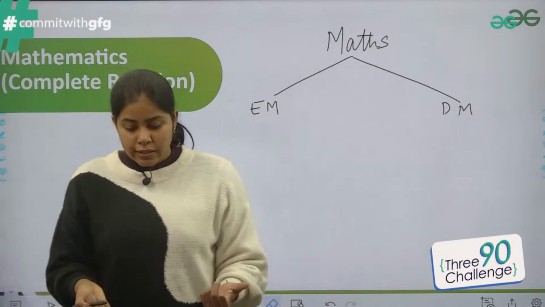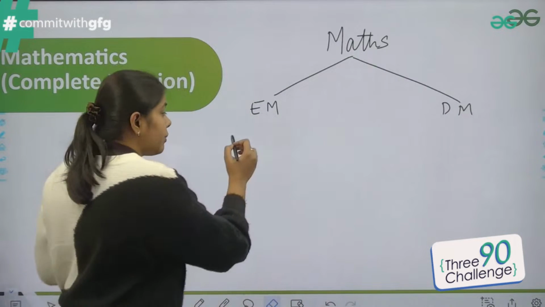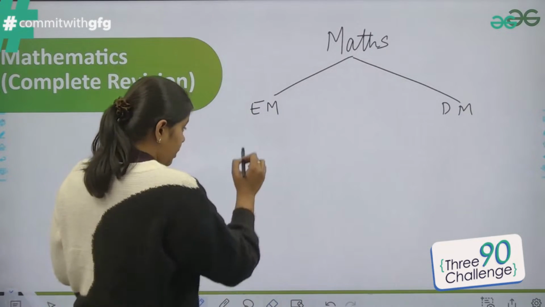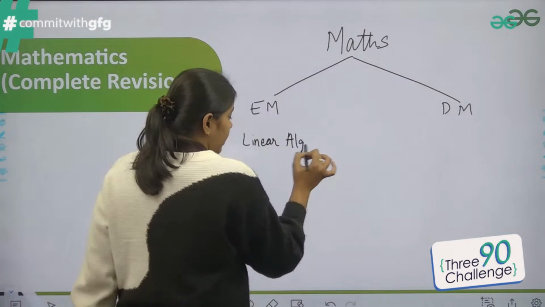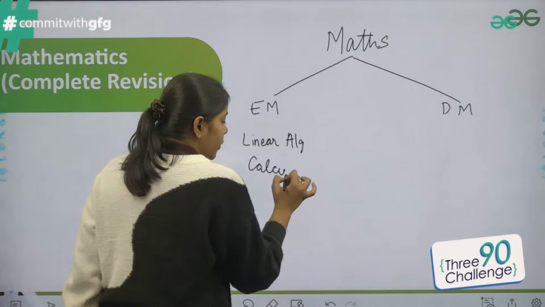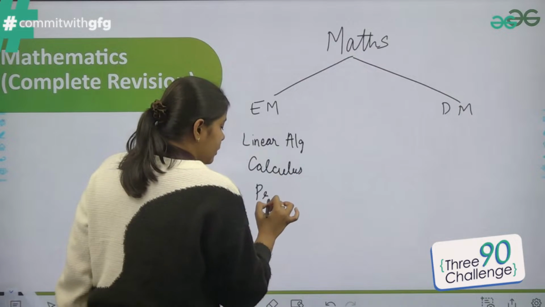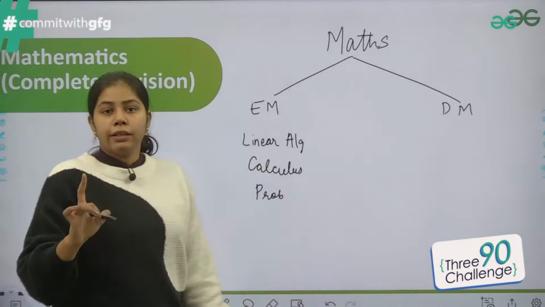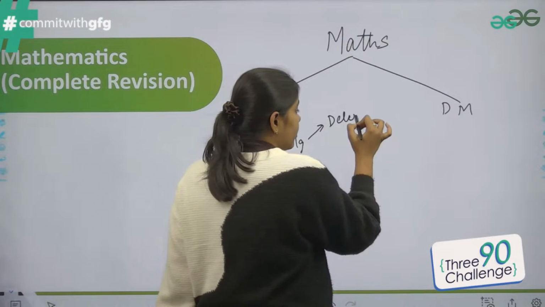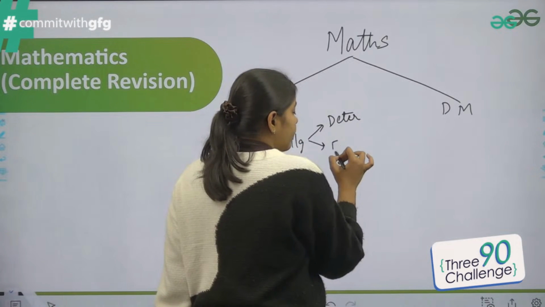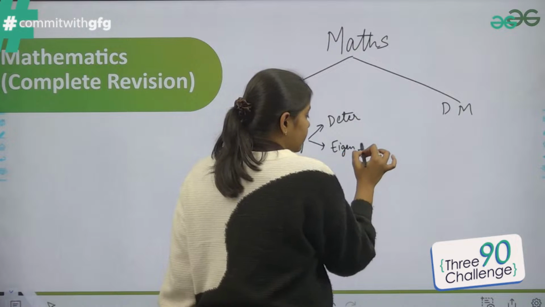I told you previously so many times that in engineering mathematics, I have linear algebra, calculus, and probability, right? In linear algebra, we have two important topics, that is determinant and then eigenvalue, eigenvector.